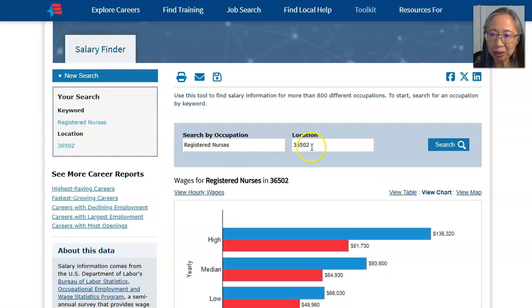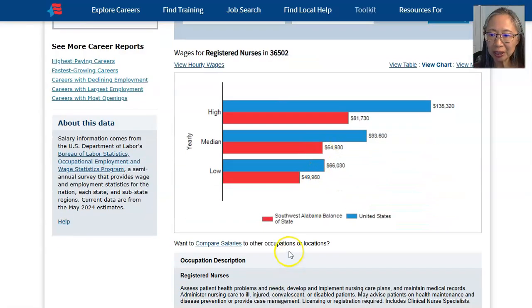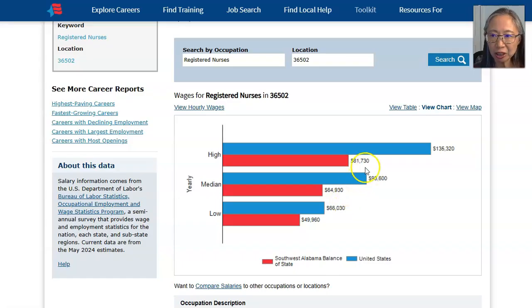Let's look at another region. 36502 is the Southwest Alabama, and you'll notice that the wages for registered nurses in that area is significantly less than the national average. So when you're using this research tool, if you're concerned about how much you'll get paid, it's important to pay attention to the local variations.